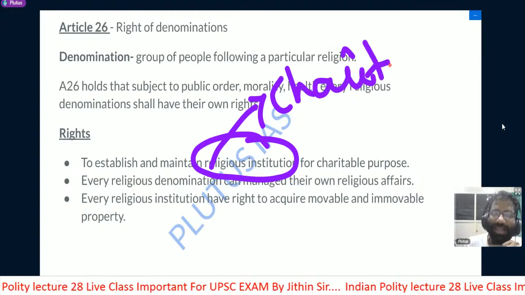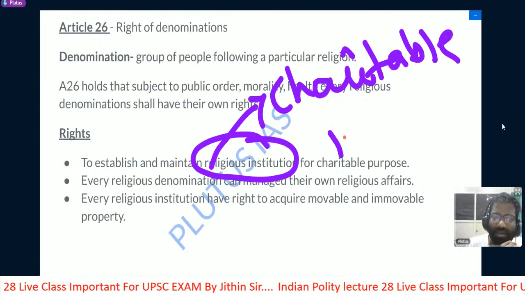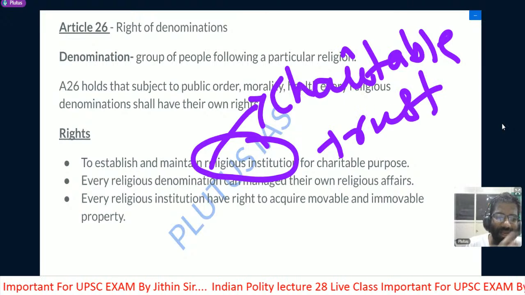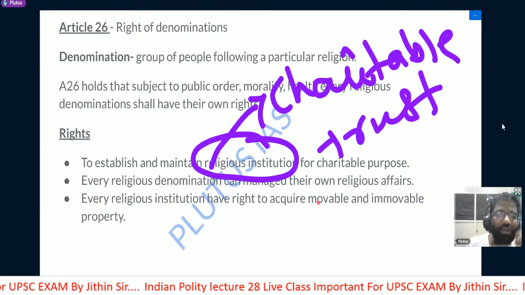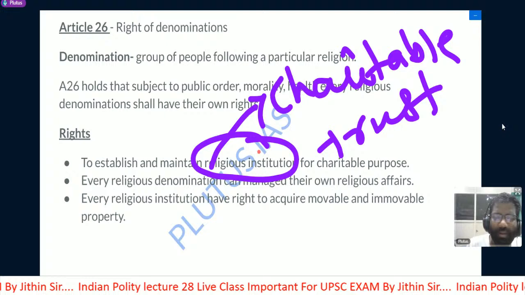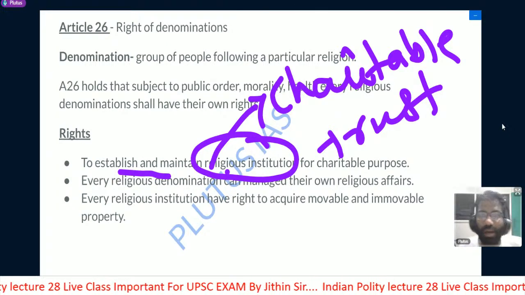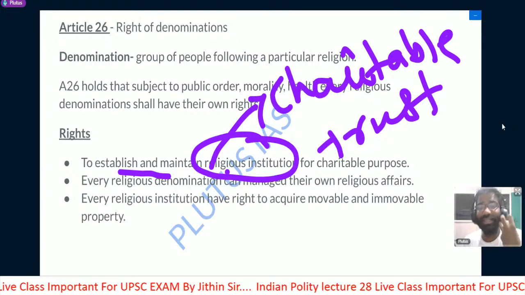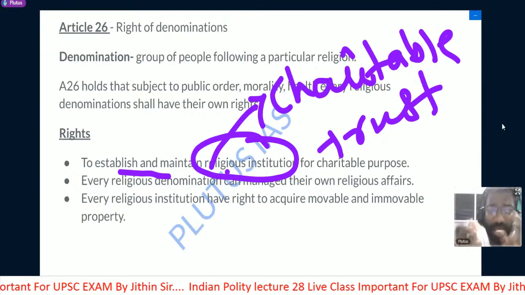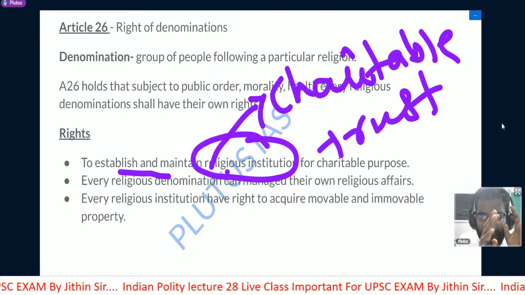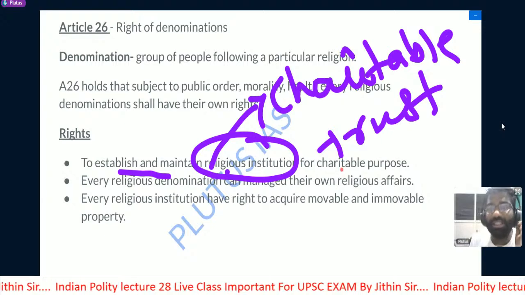Have you seen those kinds of trusts, like a dispensary or clinic they have? Usually they have. Okay, and that is an example of a particular religion establishing an institution in the name of that religion for charitable purpose.